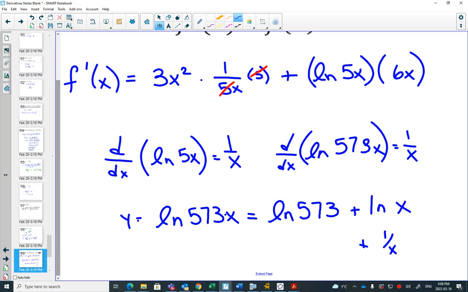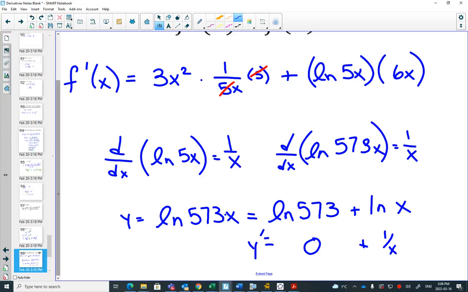So if this is y equals, then this is y prime equals. And this is just a number. The derivative of a number is 0. So written that way, it wouldn't matter what the coefficient is. You would just get 1 over x.